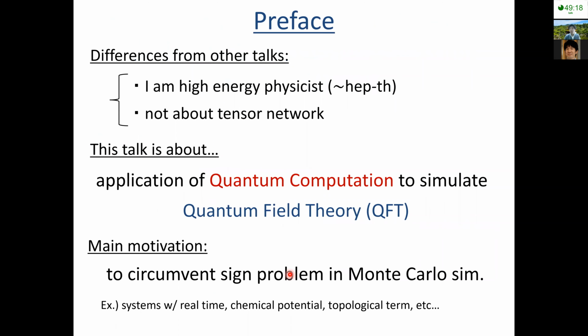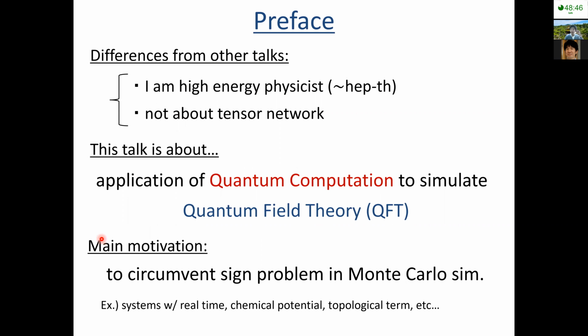First of all, this talk is different from most of the other talks in this workshop from two perspectives. First, I'm working on high energy physics, and this talk is not about tensor networks, despite this workshop being on tensor networks. This talk is about the application of quantum computation to numerical simulation of quantum field theory.